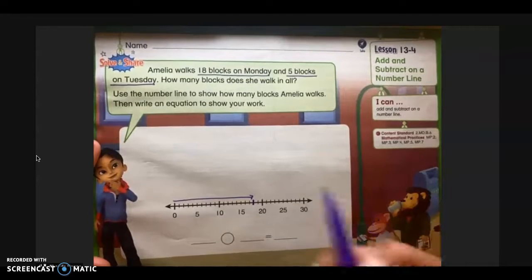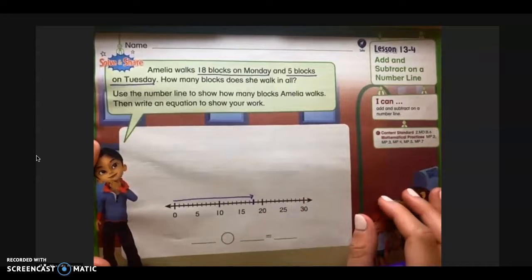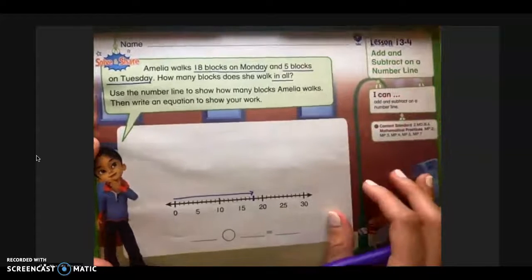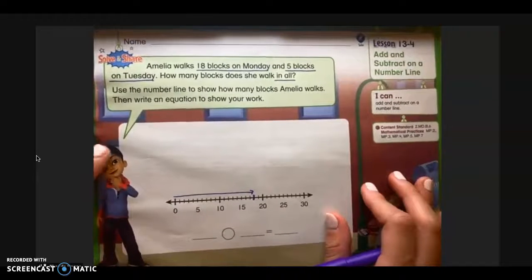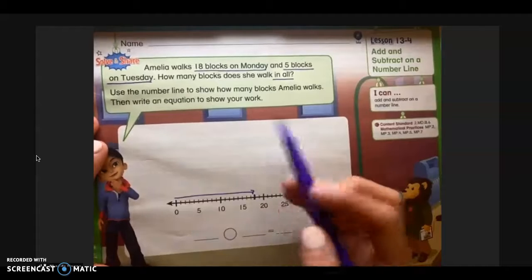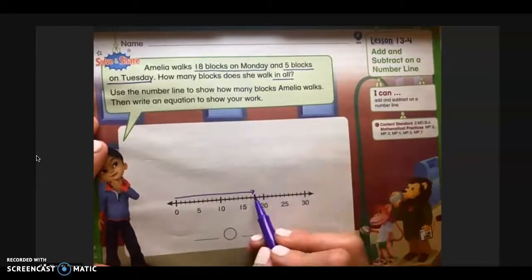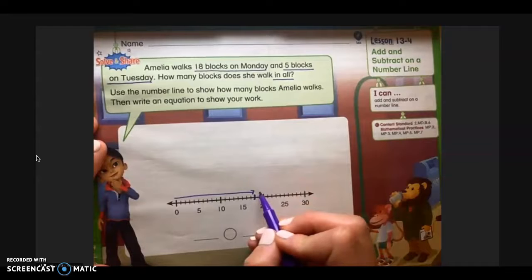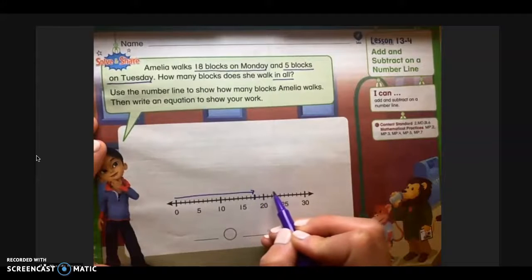Now, on Tuesday, she walked 5 blocks. We have to find how many blocks she walked in all. So I know that means I'm supposed to add. So this is going to be an addition problem. So I will just do 18, and then I will add on 5 more blocks. 1, 2, 3, 4, 5.